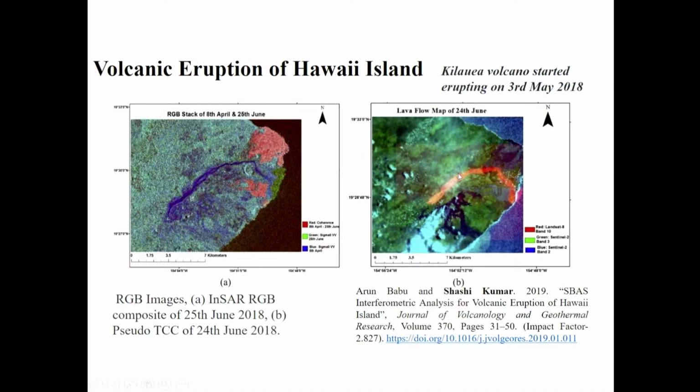At that time, we took two bands of the Sentinel-2 images, band number 2 and band number 3, and we took another band, band number 10 of Landsat 8, that is the thermal infrared band. That band we have used and represented in the red color in this color composite image.